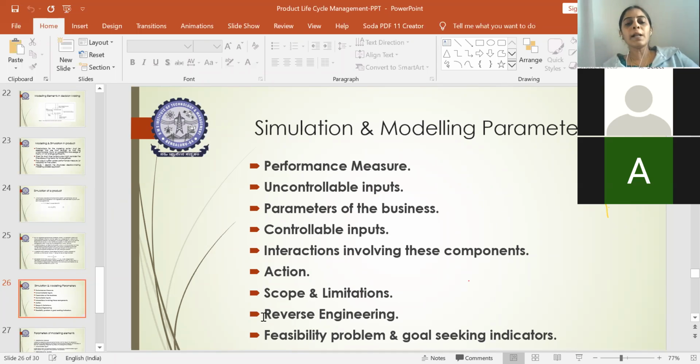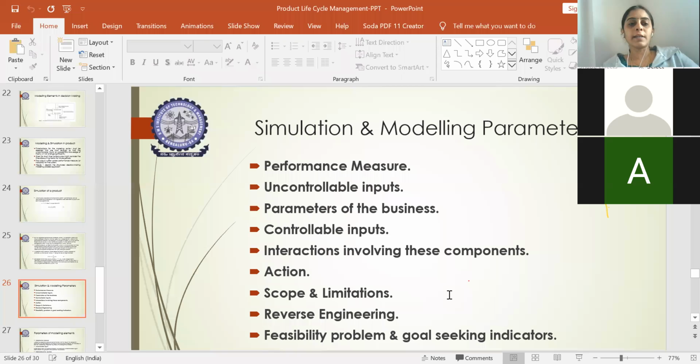It also helps in doing reverse engineering. Suppose based on the scope and limitations, the product has been designed, manufactured, and is in the market. After a certain period of time, customers ask for some modifications or suggestions. In that case, redesigning will take a large amount of time, so that is a suitable time where reverse engineering could be done on the existing design.